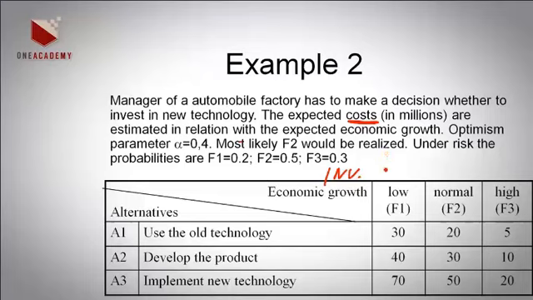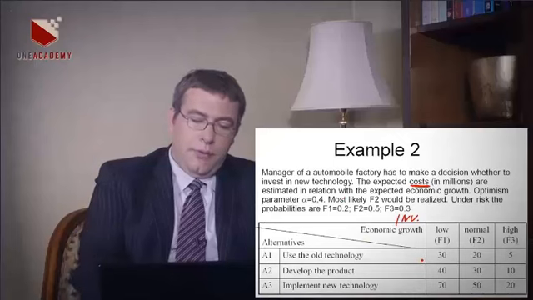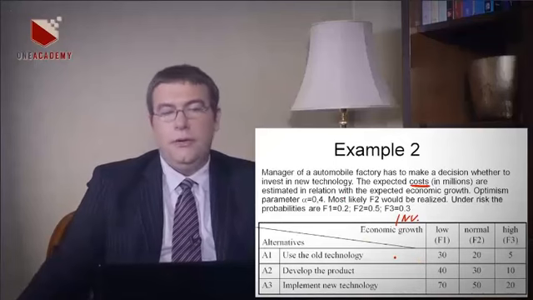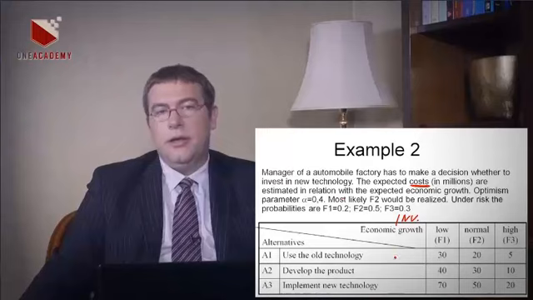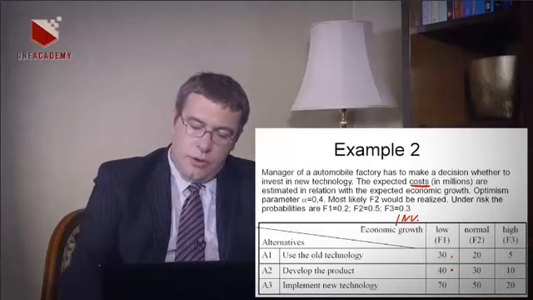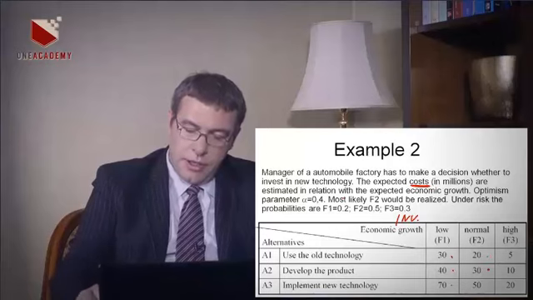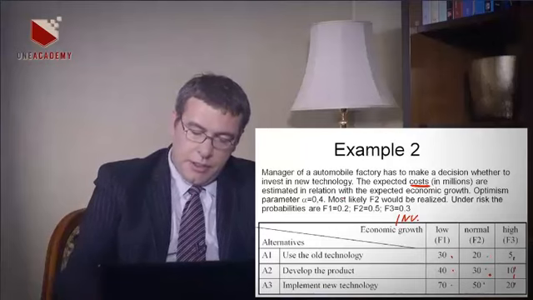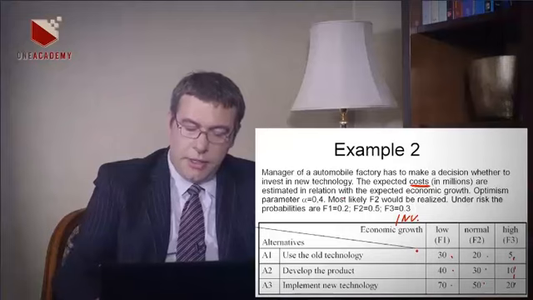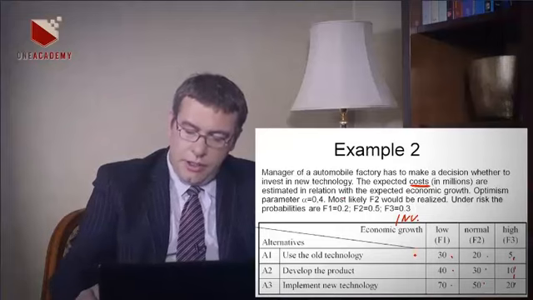The second thing is that in this case we have one specific situation where we have one alternative better than the others on every state of nature. Alternative 1 is better than alternative 2: we have less cost here, better here, and better here, and it is better than alternative 3 here, here, and here.